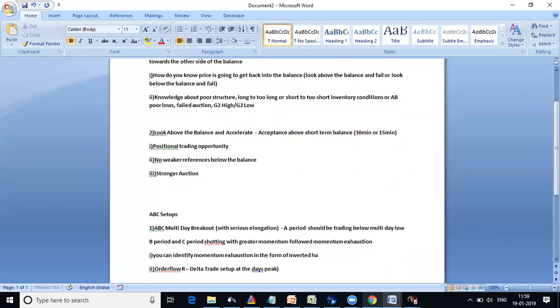Those are the indications that momentum exhaustion is happening, and you can identify it from order flow also in the form of R delta. This is one ABC setup. It's a mean reversion pattern.